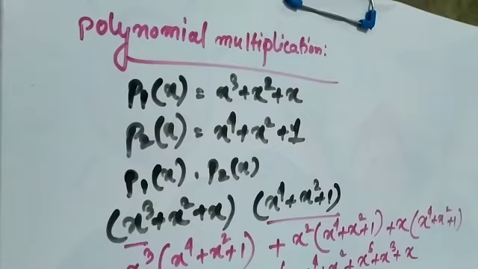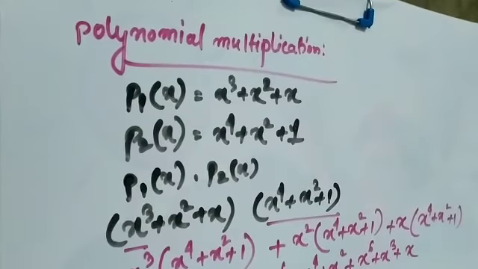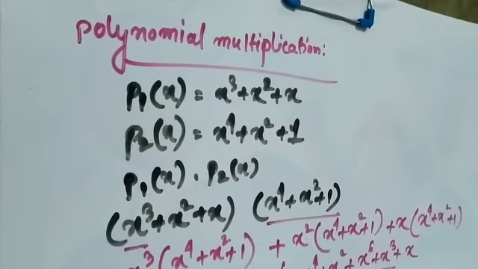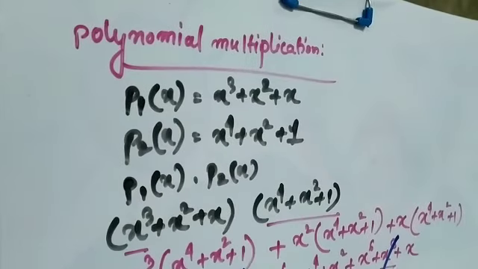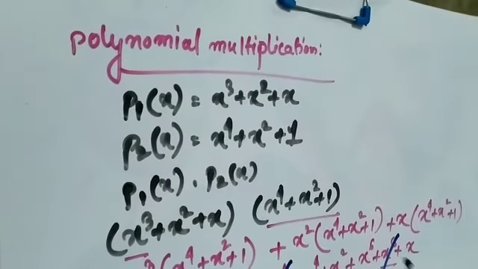Now if in the whole list the same bit is repeated, that means this x cube and this x cube are repeated here. So we can omit them. These two can be omitted. Similarly, check whether any other bit is repeated here or not. See, x to the power 6 is already repeated here. So it is also omitted. You can omit them.